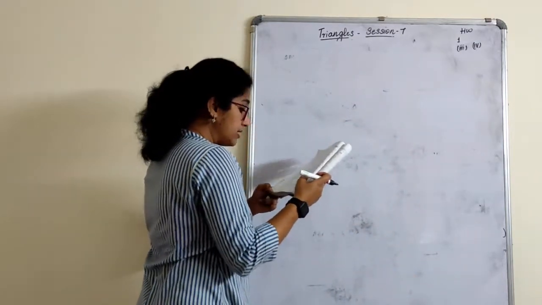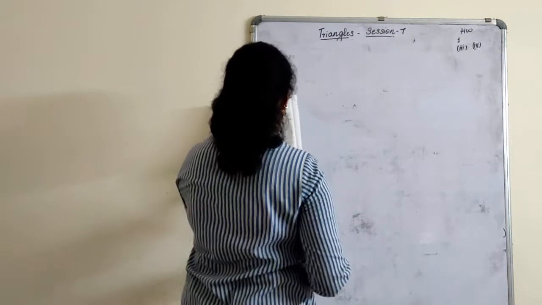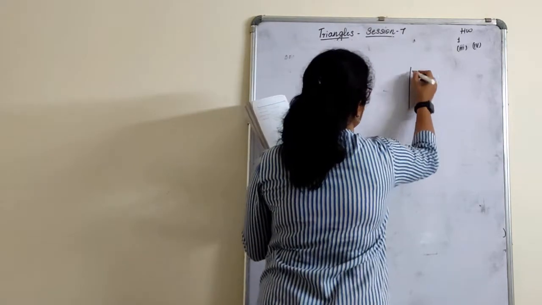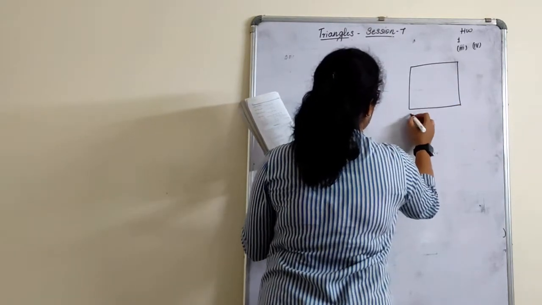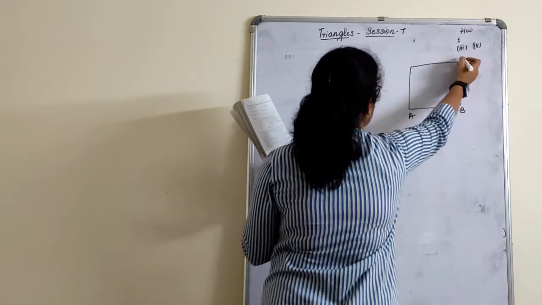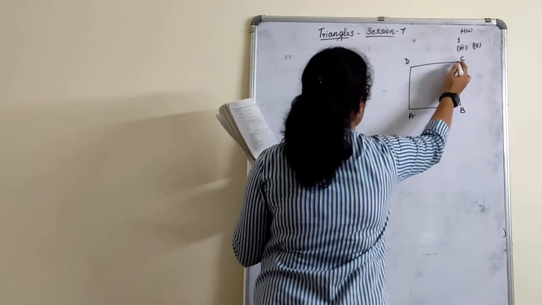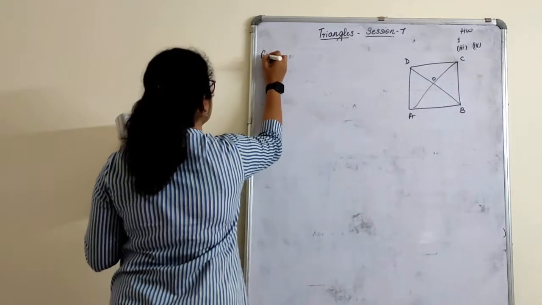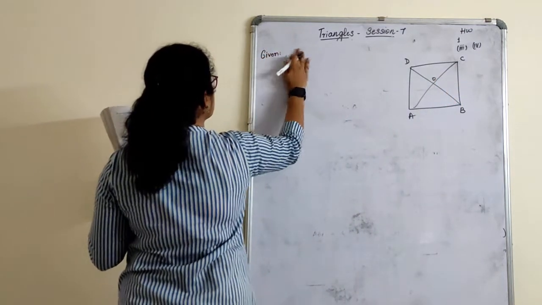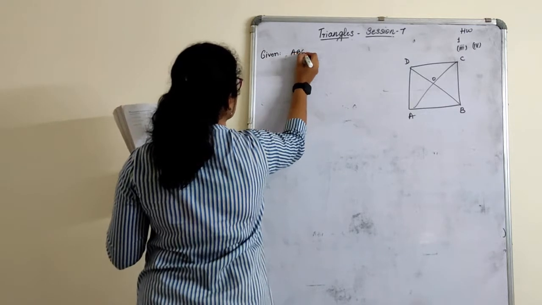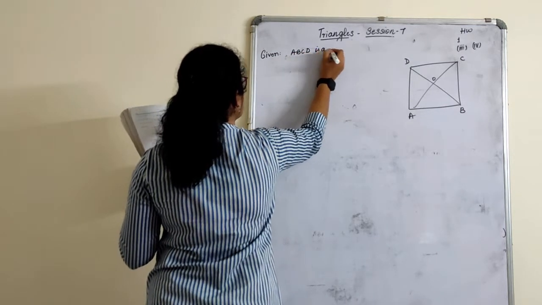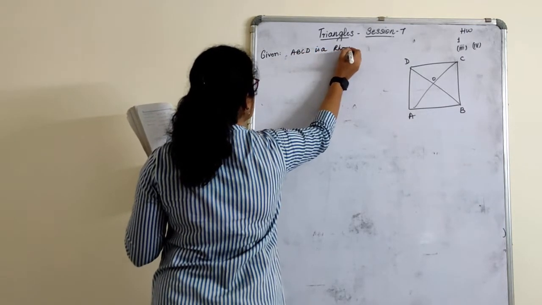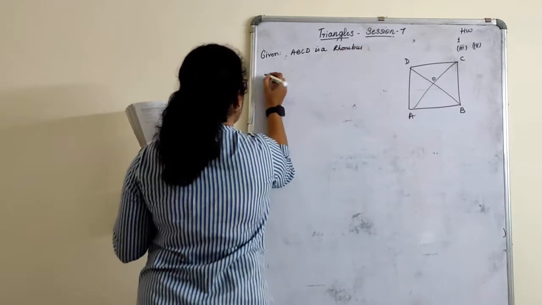Prove that the sum of the squares of the sides of a rhombus. So if I assume that ABCD is a rhombus, given. ABCD is a rhombus, that's all.